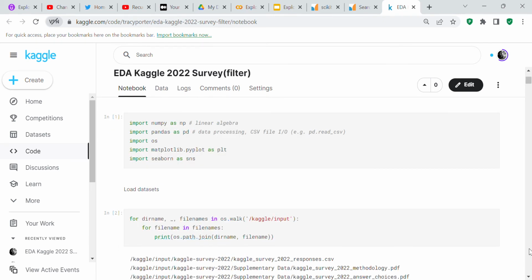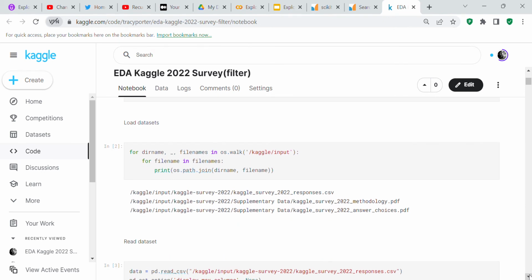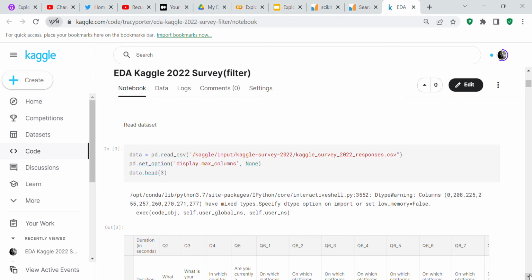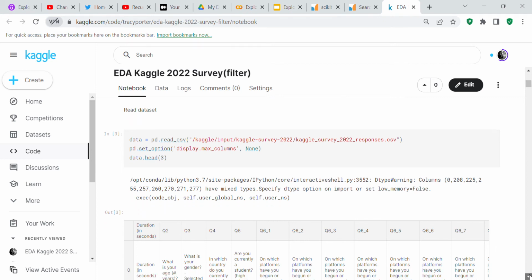After I imported my libraries, I used OS to go into the data set directory and get the CSV file, which is what I wanted. I used Pandas to convert the CSV file to a data frame, calling it data, and I wanted to see all of the columns. So I said pd.set_option display.max_columns, None, and you only want to see the first 3 rows.